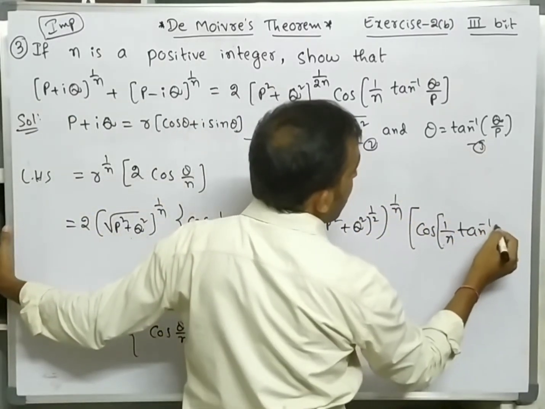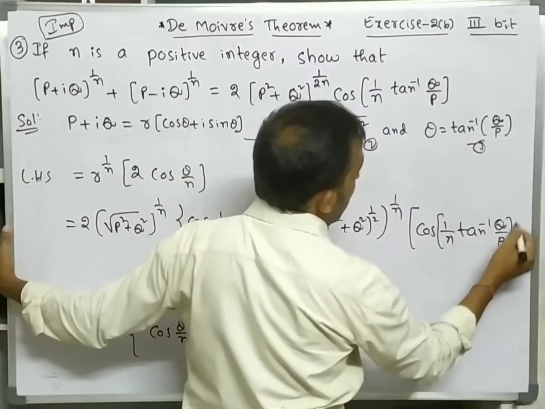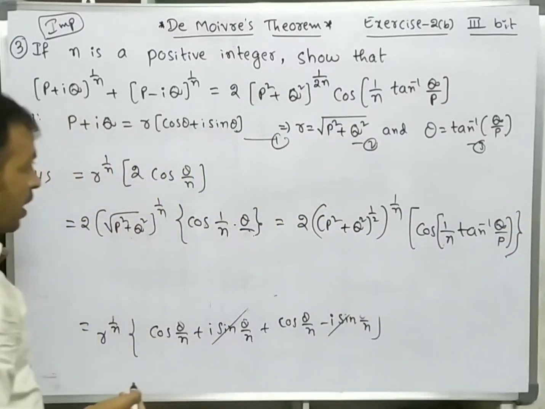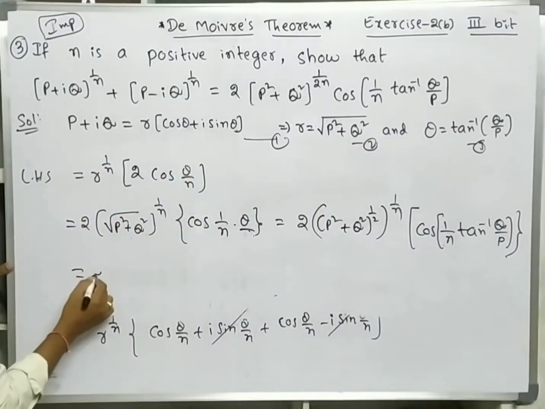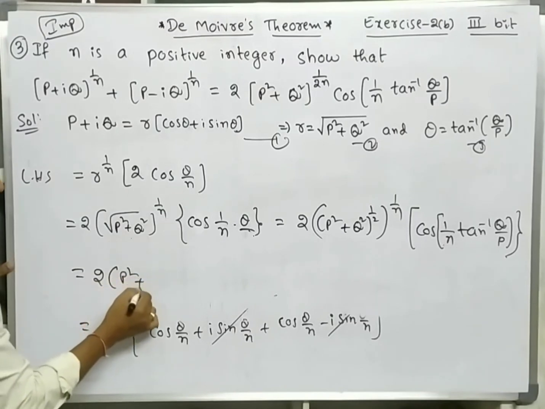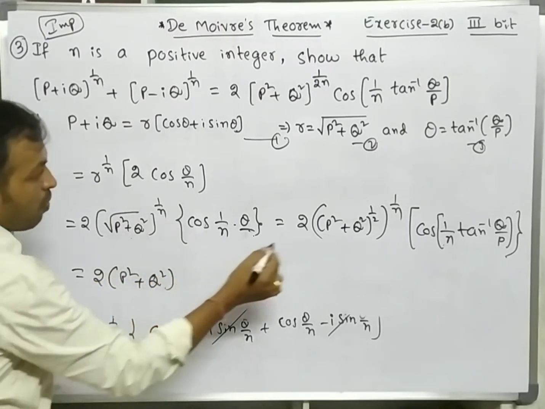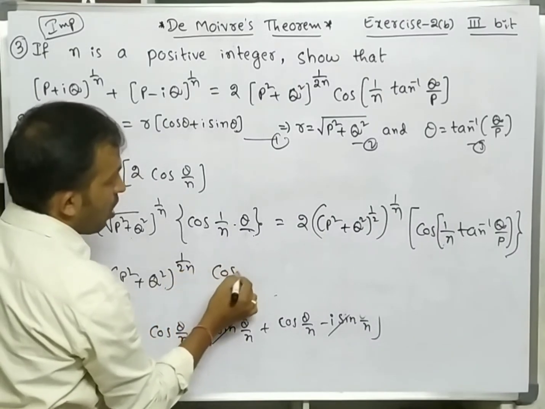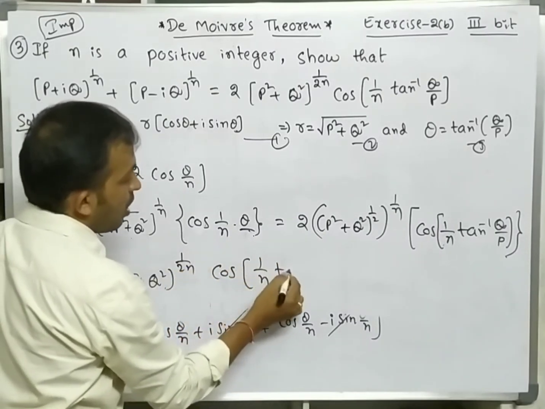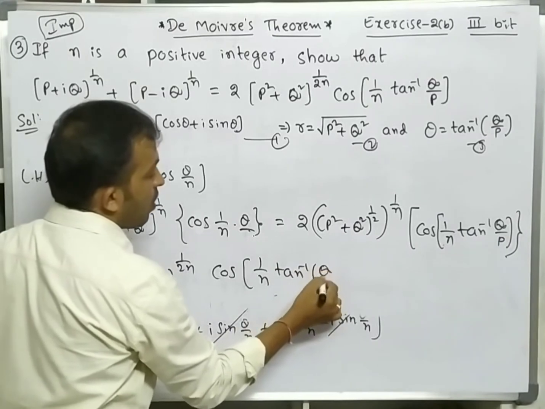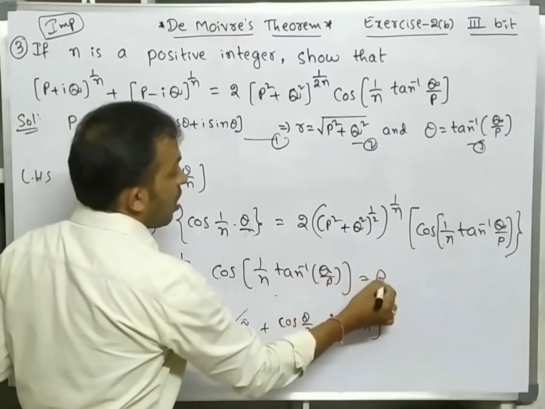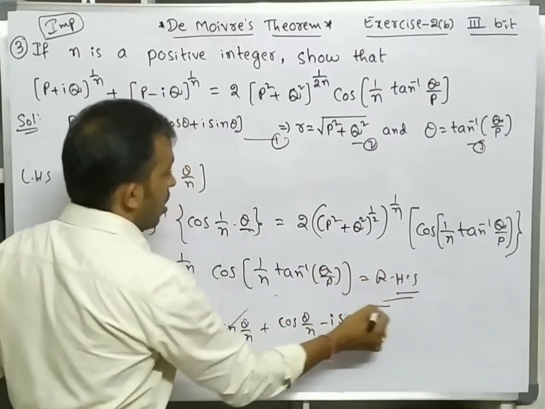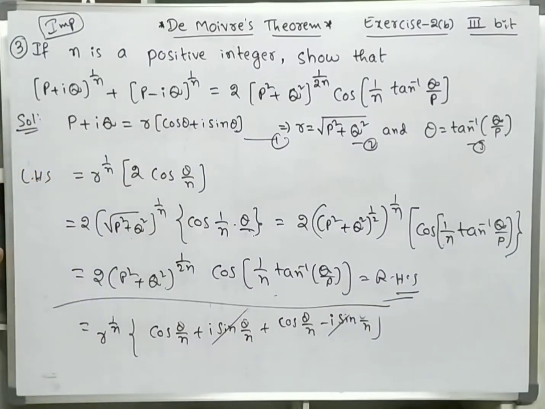Tan inverse of q by p. Finally we will get 2 into p square plus q square whole power 1 by 2n into cos of 1 by n tan inverse of q by p, which is equal to RHS. Okay, so simple problem, do practice.